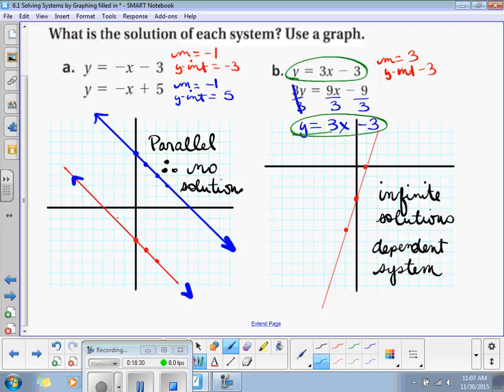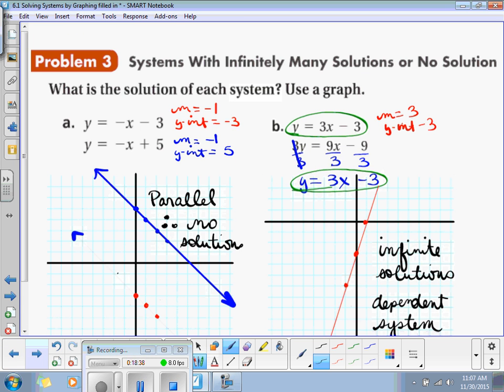Okay, and this one, the parallel, no solution, means that this is a, what was it again? Inconsistent. Oh, disappeared again. Inconsistent system. Very good. Any questions?